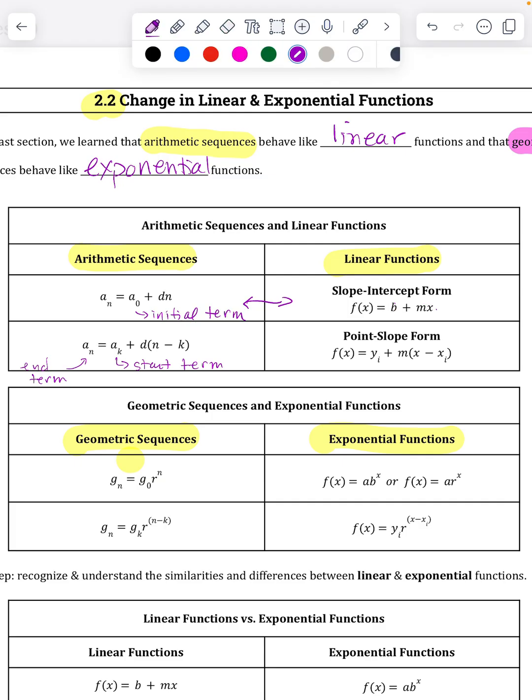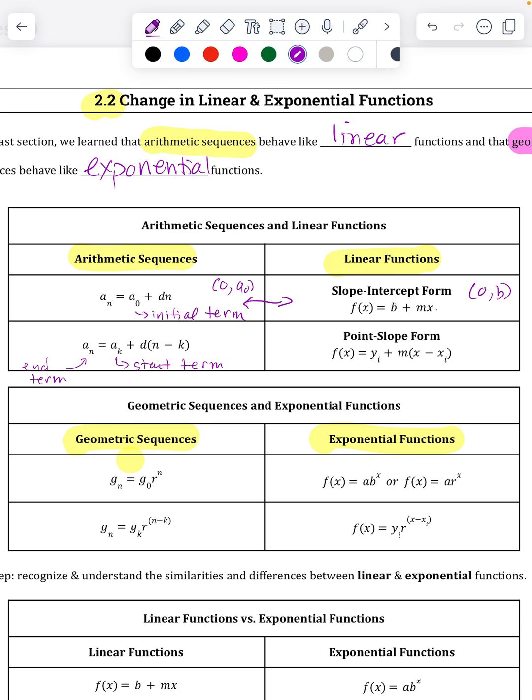And then this is the more expanded form when we don't know the zero value, because keep in mind here, the b is what you had when you put a 0 in for x. And so here, this a sub 0 is what you got when you put a 0 in for your function. So here, you're going to have some other value than the 0 value.